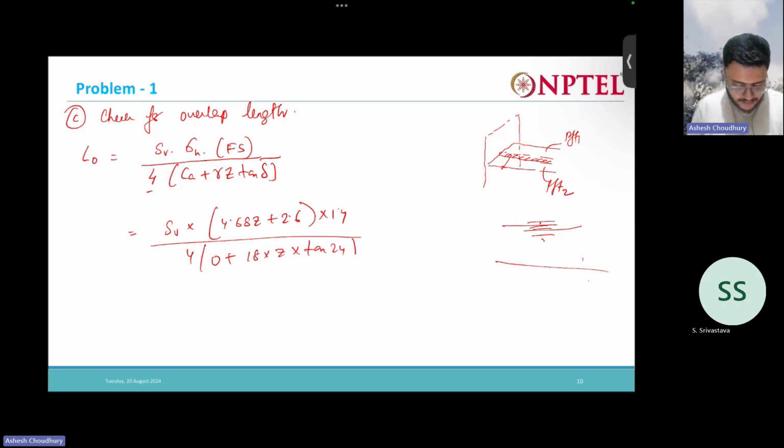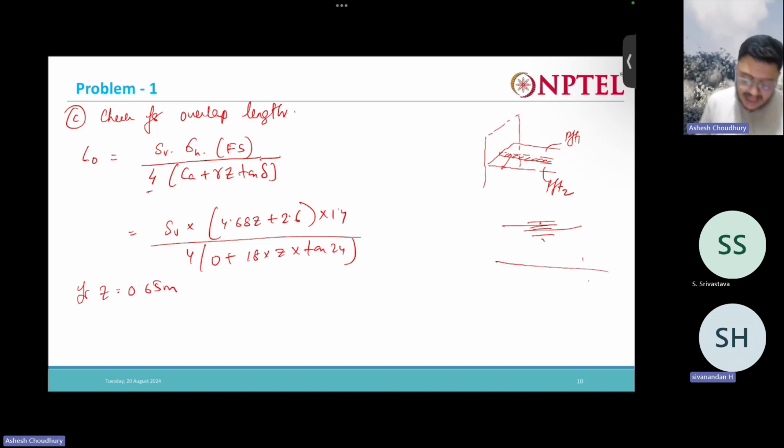If our Z is less, then L naught will be high. So for less depth, let us check. For Z equal to 0.65 meter, it will be the highest. For Z minimum, we will have L naught as the highest.